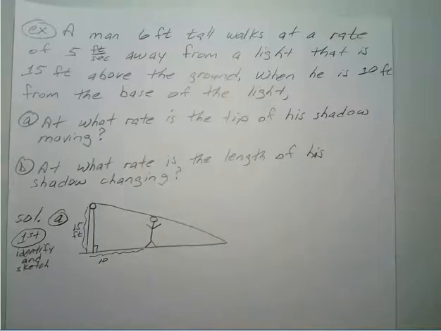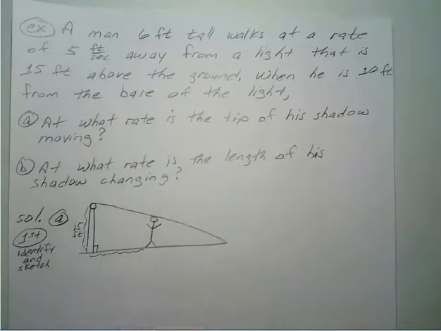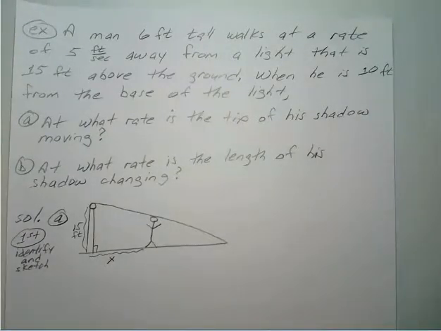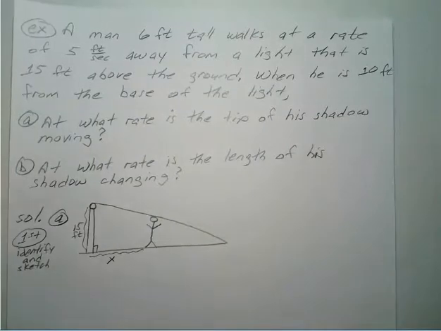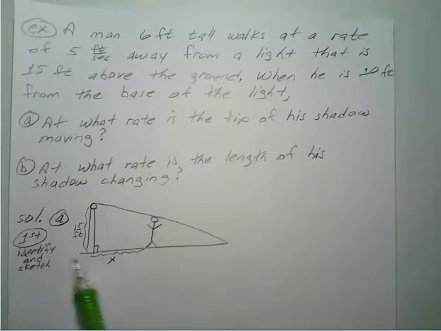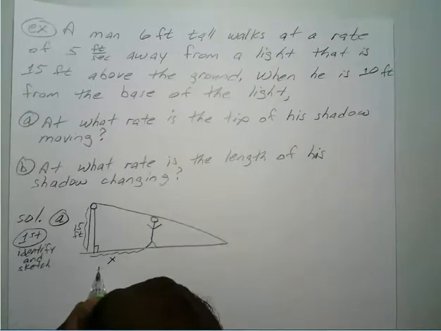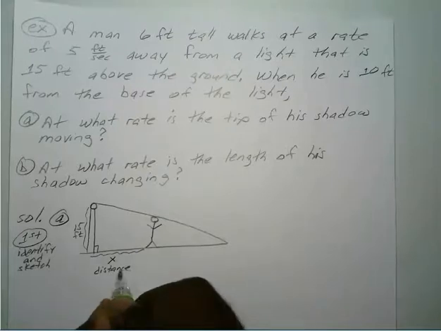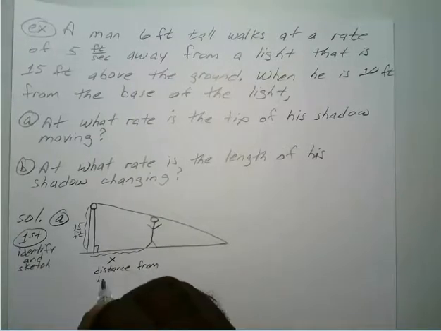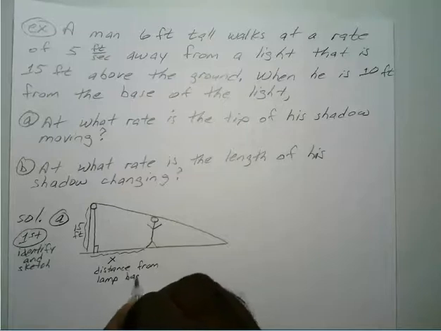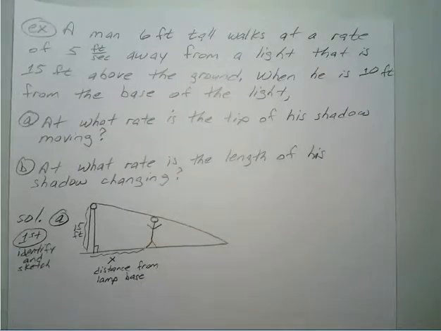Well, when he is 10 feet, so right now, we're just going to call that X. Okay, and the reason we're doing that is because we want to find the rate of change while he's walking away. So that's why we're just going to leave that as X as his distance from the lamp base. Okay, which we're going to plug in later.